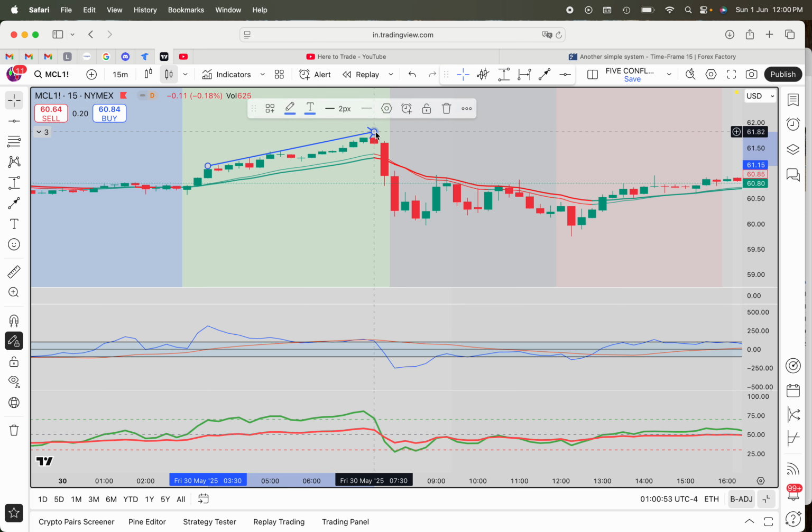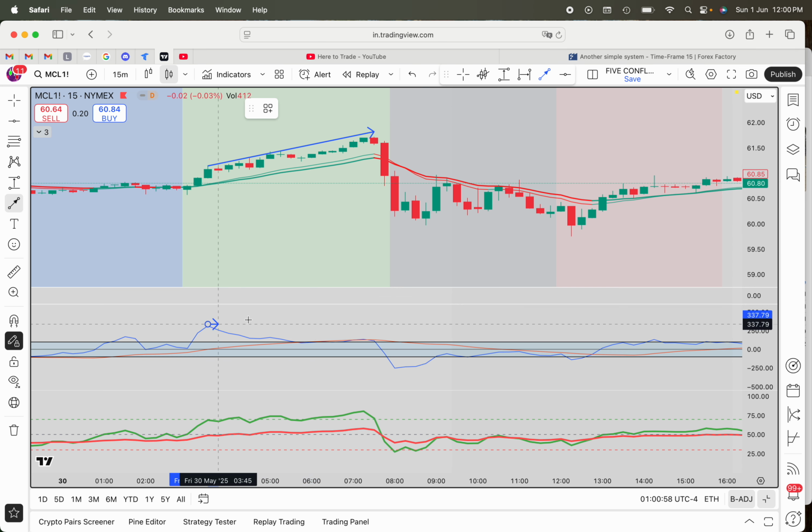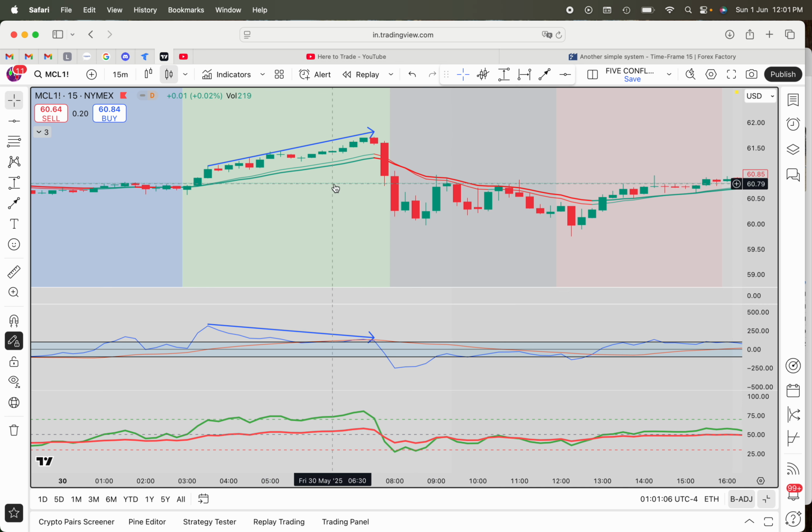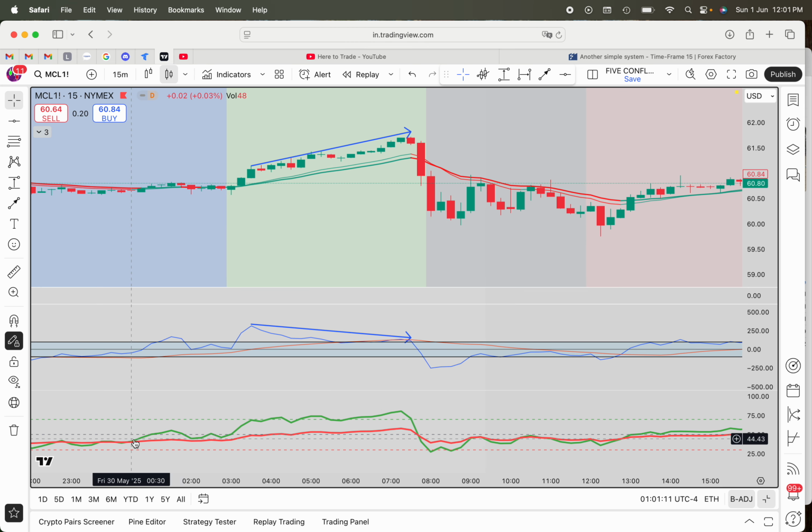Right here, just prior to this big bar, we had divergence on the CCI. Look at that. It pre-warned of this move. Can you believe that? Anyway, we're not here to discuss that. We're looking at crossovers. The crossover happened here on the RSI, way back here, and so did the CCI.